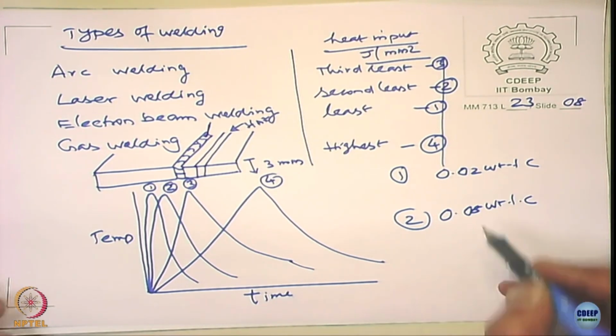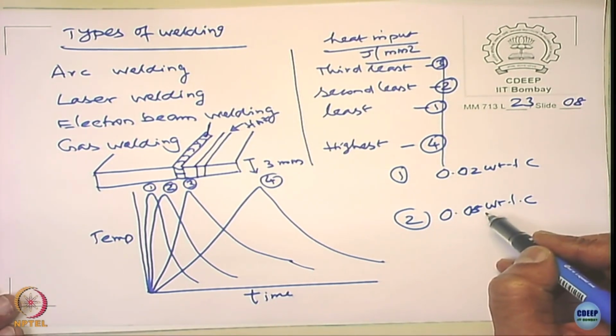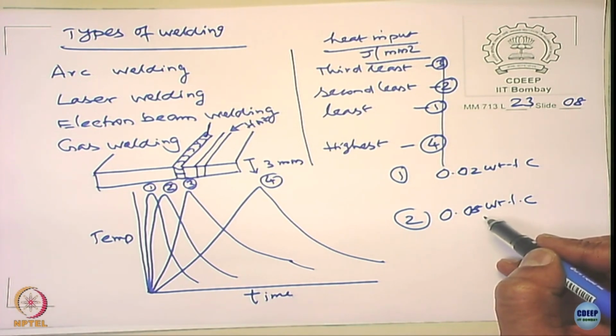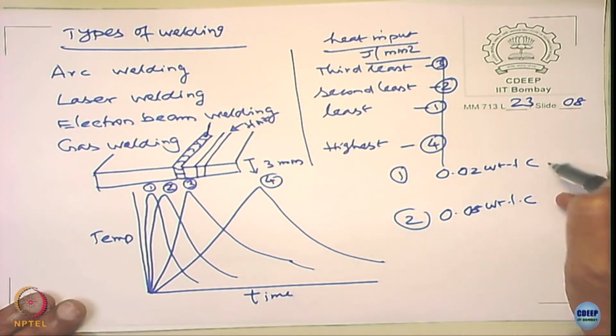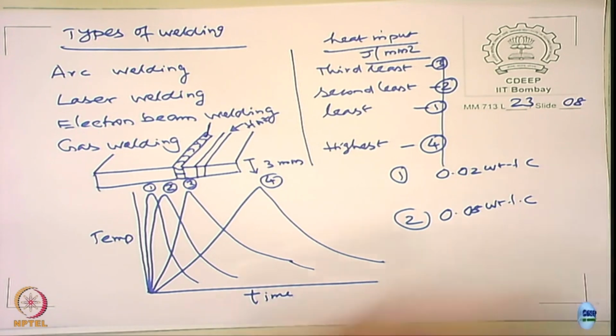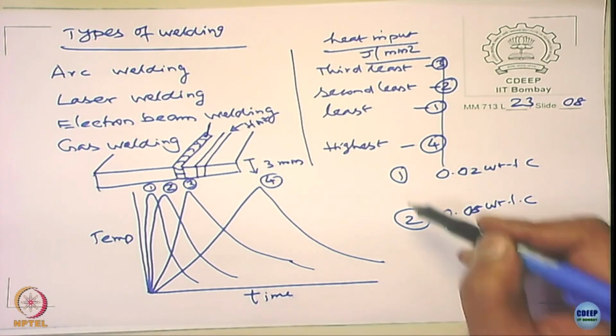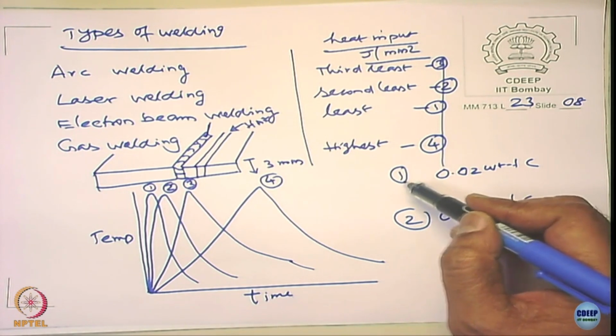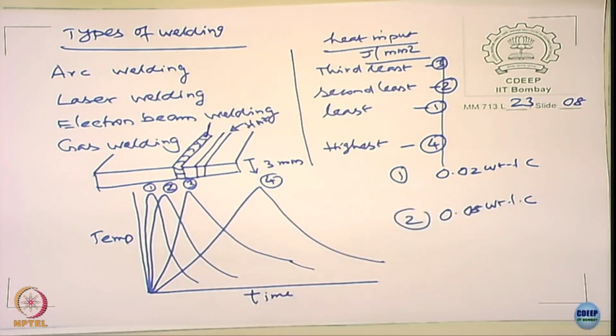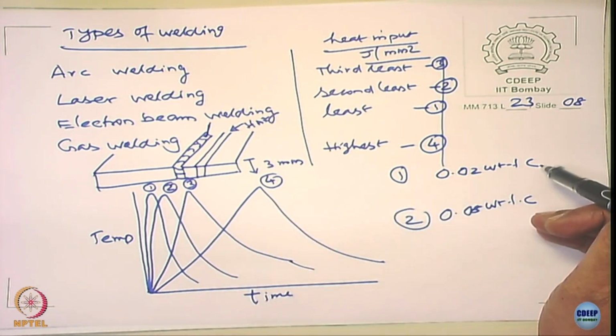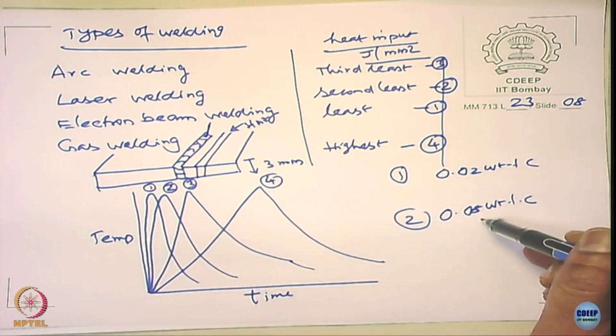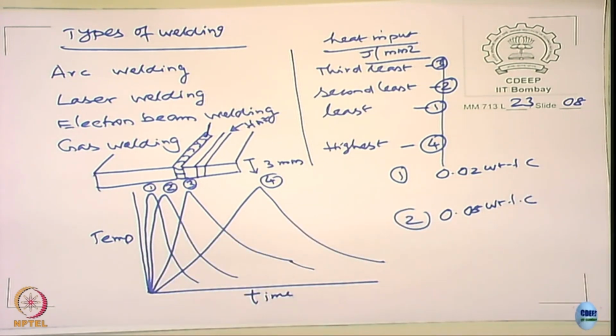I welded this one, I did not get sensitization. I welded this, I got sensitization. I welded the first one in one of these techniques, I found it is weld decay, sensitized. I used one of these techniques, I welded this, even then it did not get sensitized. Can it happen?